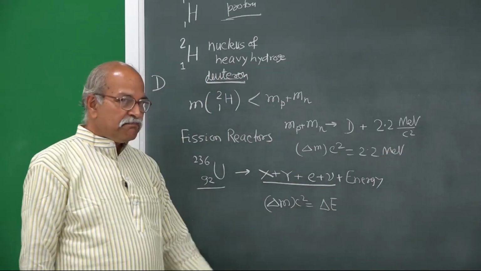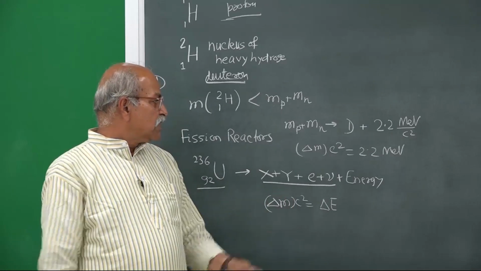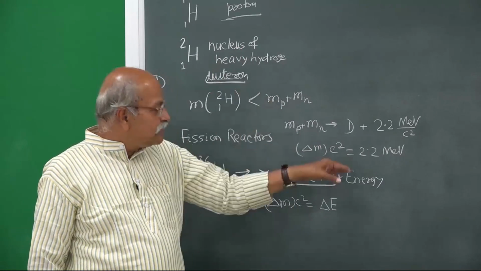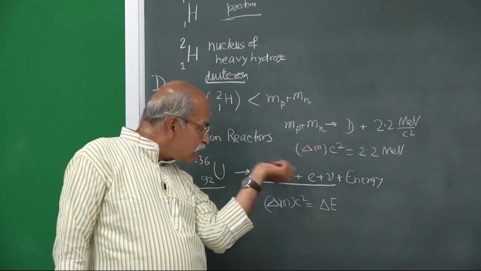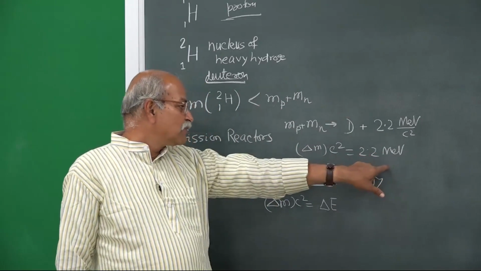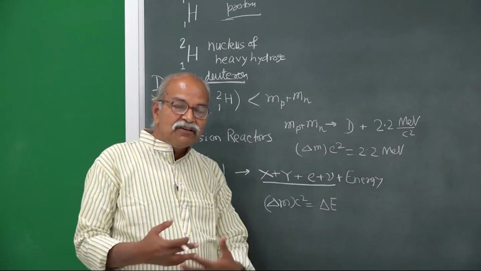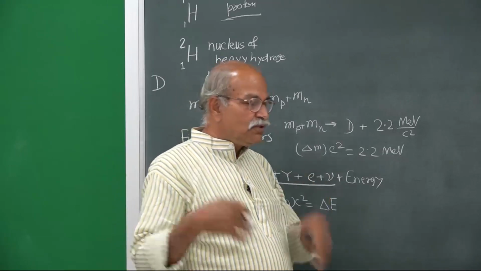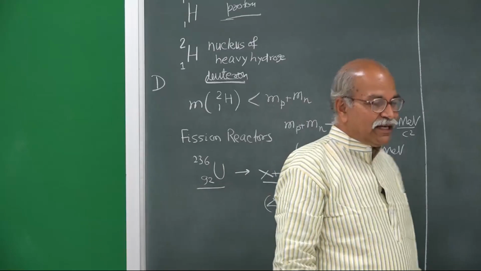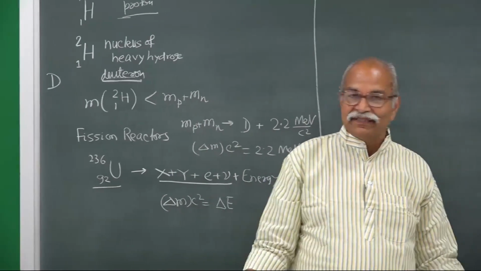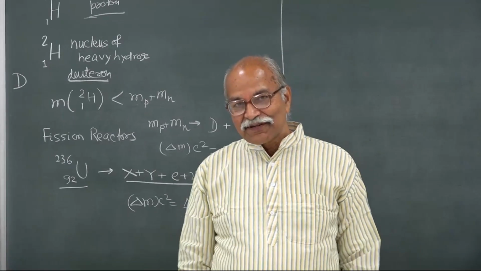If I am making a deuteron out of a proton and a neutron, I am reducing the rest mass, and that reduction in rest mass is made available in the form of energy, which is 2.2 MeV. So, that kind of mass-energy conversion goes on very regularly. You heat the object, you do a chemical reaction, and mass-energy conversions are always there.